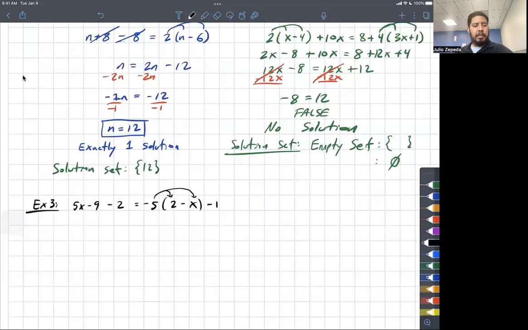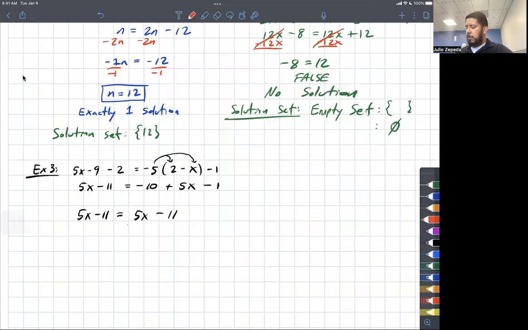And on the left-hand side, we can combine like terms. So we get 5x minus 11 is equal to negative 10 plus 5x minus 1. The left-hand side, there's nothing to do. The right-hand side, we can combine the negative 10 and negative 1, which make negative 11.